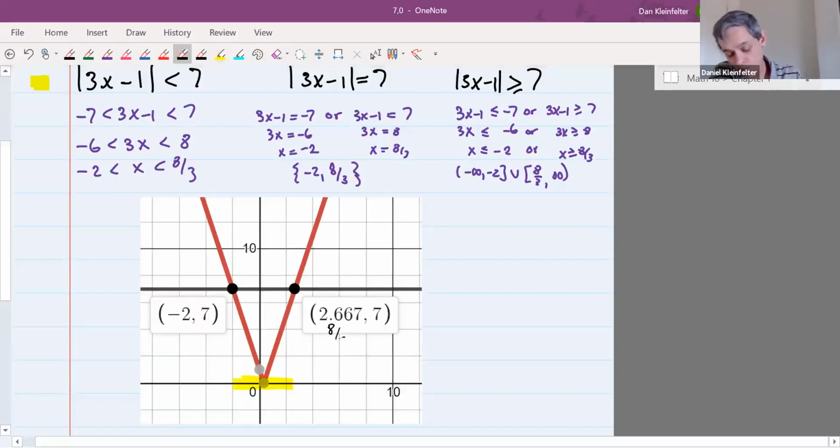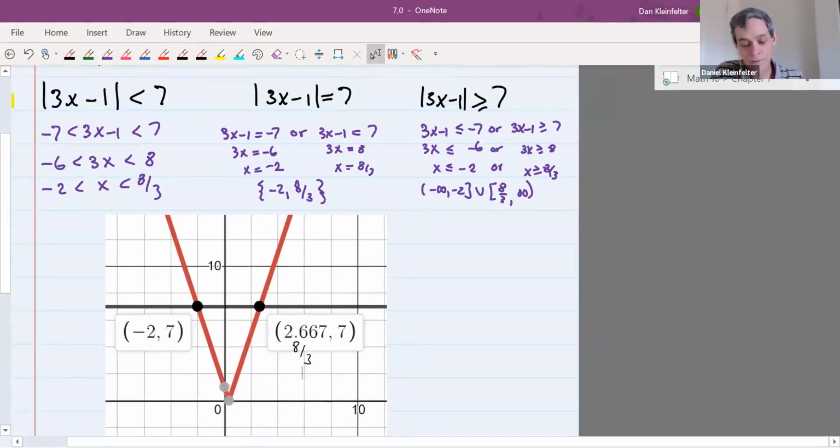So the x's that are between -2 and 8/3 will make it so that the absolute value is under that horizontal line. Anytime we're asking the absolute value to be under some positive constant, it's going to have a picture such as this, which is why the answer always ends up being a single interval.